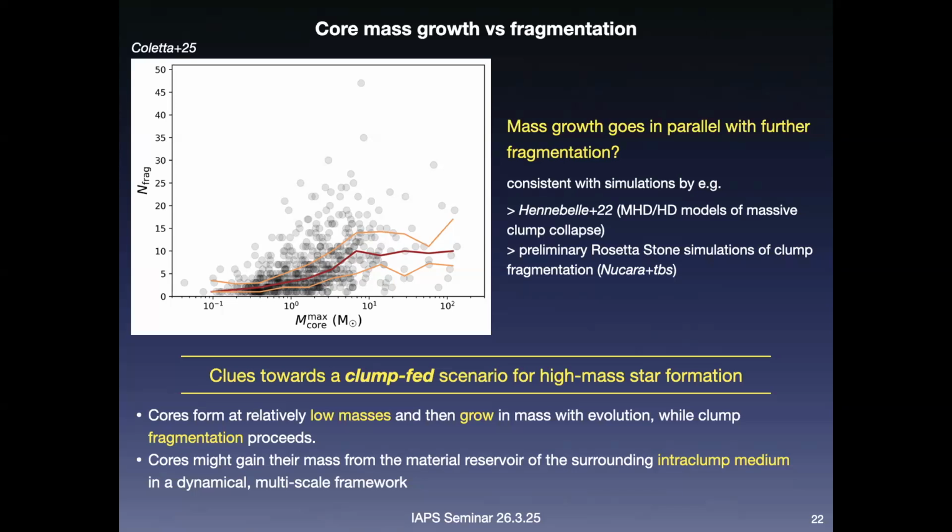So at least in this mass range, which is quite large actually, the fragmentation seems to go in parallel with the mass growth. But of course, this is an indication, and we also have a hint of stabilization on the higher mass end. As we see here, the spread of the points is quite large, and we also have some cases in which we have a low number of fragments and high core masses.